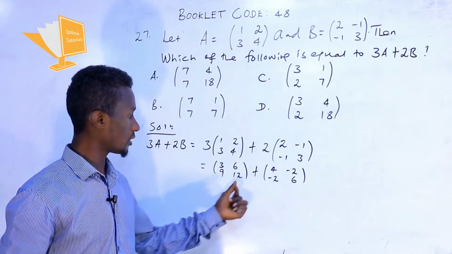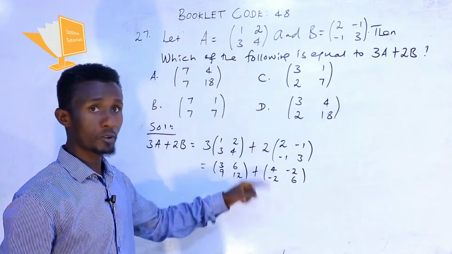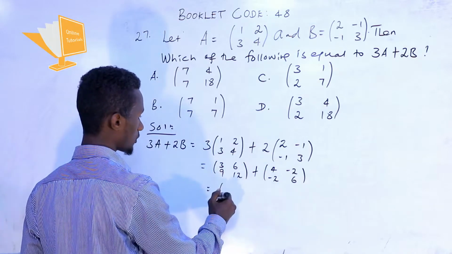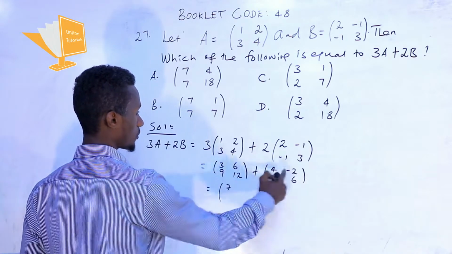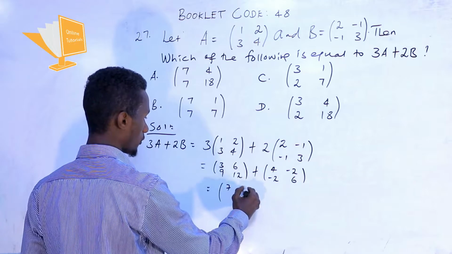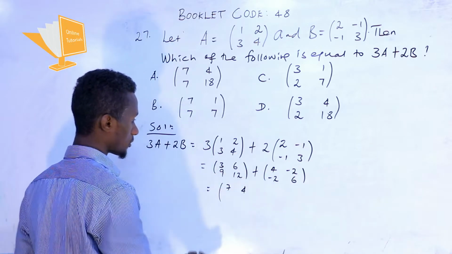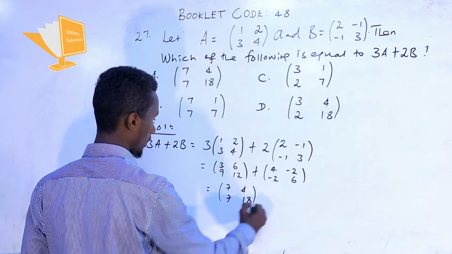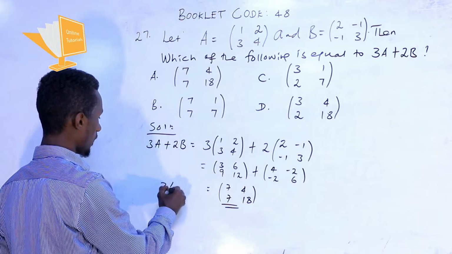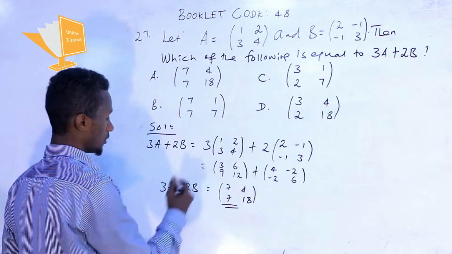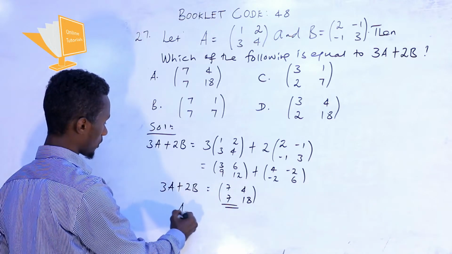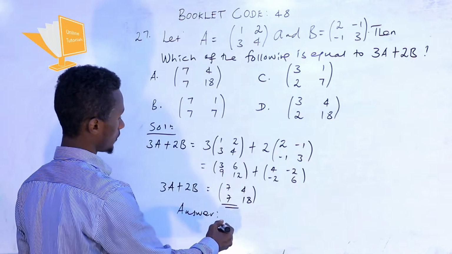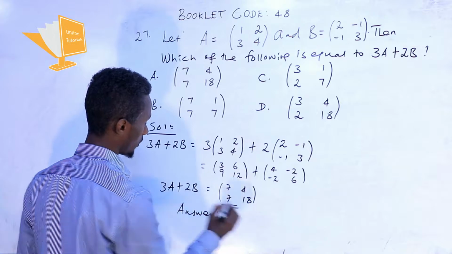When you add these two matrices we must add the corresponding entries, ያንዳንዱ corresponding ኢንትሪዎችን እንደምራለን. 3 plus 4 is 7, 6 plus minus 2 is 4, then 9 plus minus 2 is 7, here we have 18 ይሆናል ማለት ነው. ስለዚህ 3A plus 2B, the answer is this one, so our answer is in choice A ላይ ነው ማለት ነው.